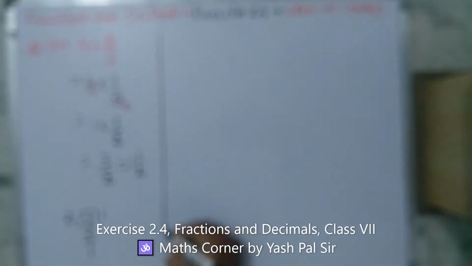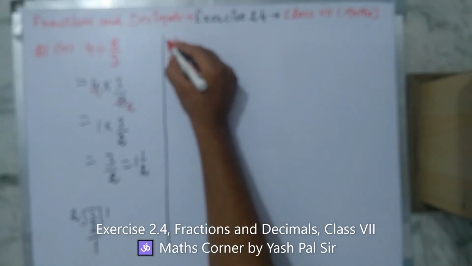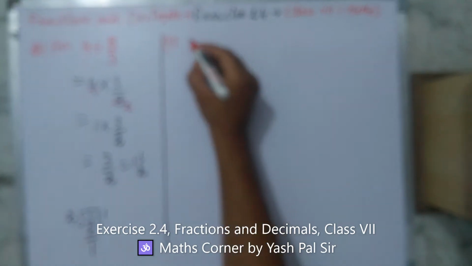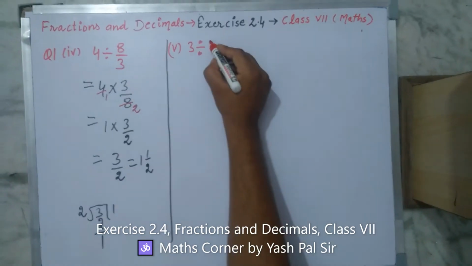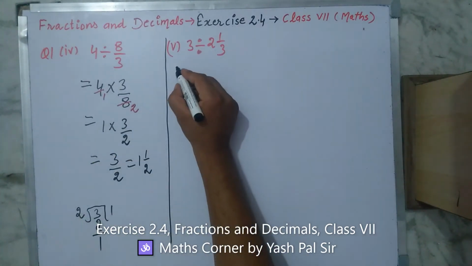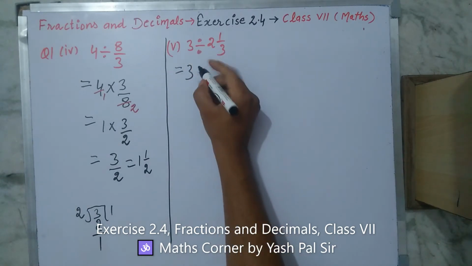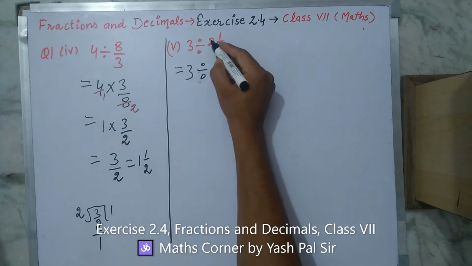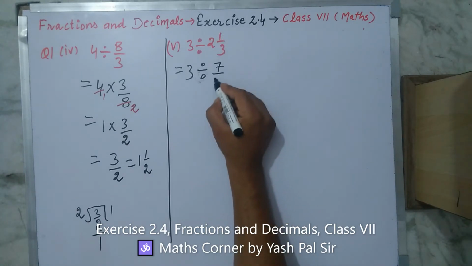Our next part is part number 5. So what is this? 3 divide 2 and 1 by 3. So how to write this now? This is equal to 3 into, first of all writing divide, 2 into 3, 6. 6 plus 1, 7 upon 3.